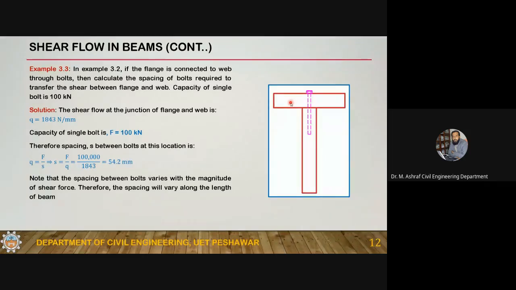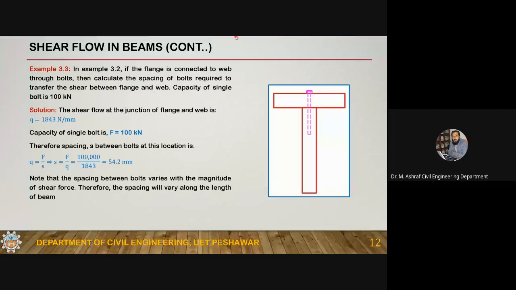Okay, so these bolts will be applied at certain spacing, and it is required to know the spacing of these bolts, and the capacity of a single bolt is known to us. These are not the actual values, because a 100 kilonewton capacity bolt is a very high strength bolt.